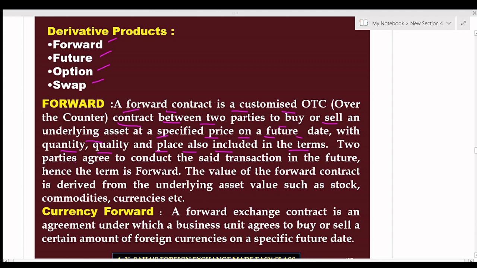Two parties agree to conduct the said transaction in the future, hence the term forward. The value of the forward contract is derived from the underlying asset value such as stock, commodities, currencies, etc.